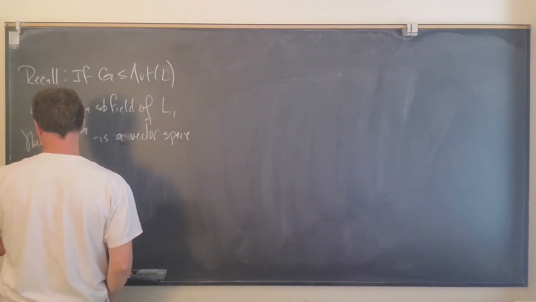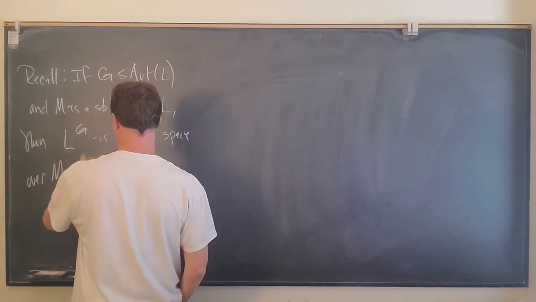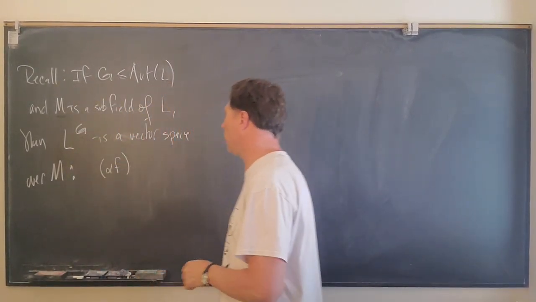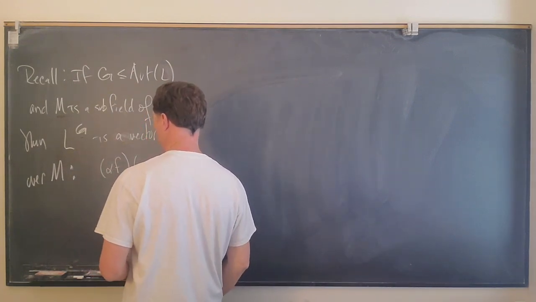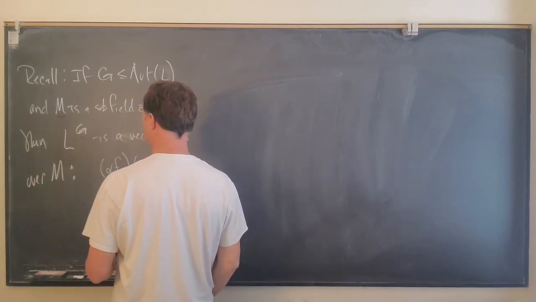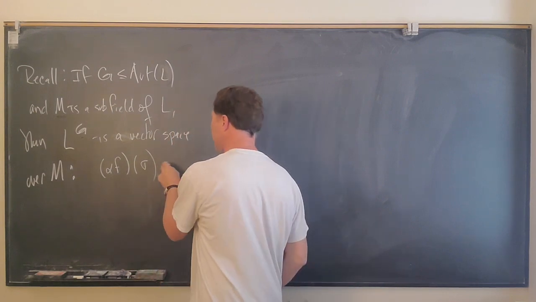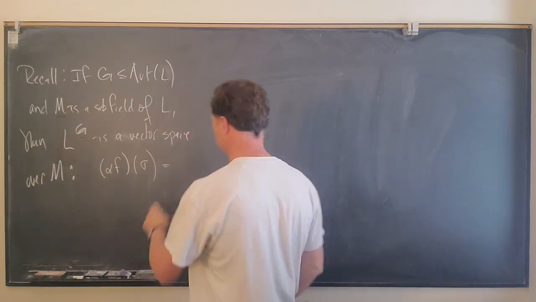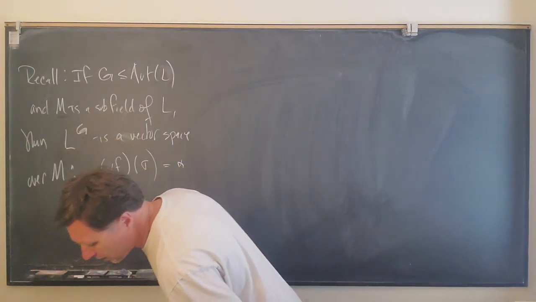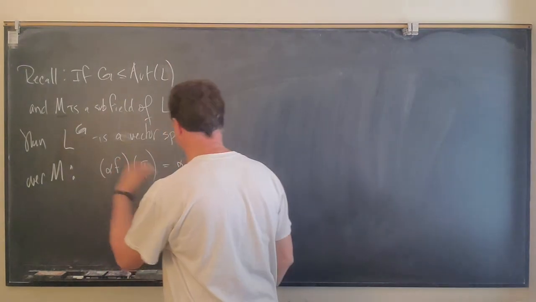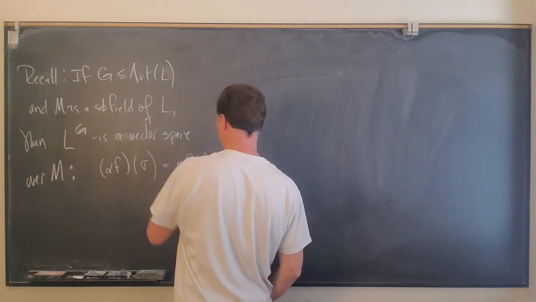So this is a vector space over M, where the operations are as follows. If F is a function from G to L, we can look at alpha F, where alpha comes from M, and F of, I'm applying it to an element of G, so let's say sigma. And so this is just alpha F of sigma.